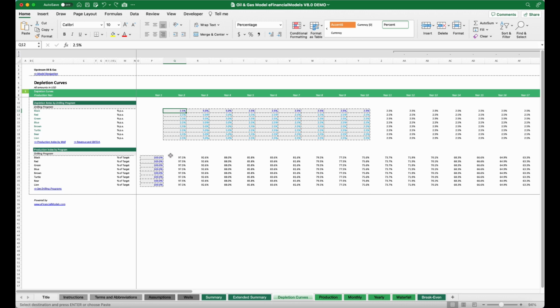We can set this, for instance, here, so it means that by year 10, in this case, we are at 75%. Of course, these assumptions are just examples, just to give you the idea. You will have to analyze yourself how much your experts think these production levels will decline for your specific drilling programs.